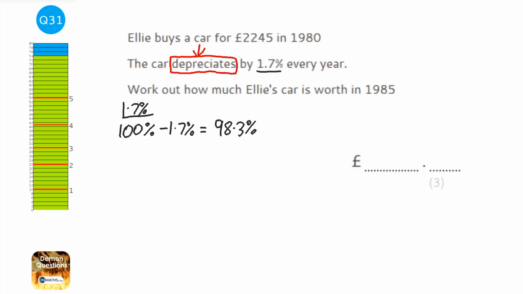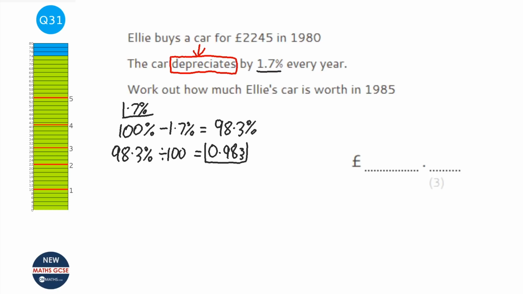Then you want to work it out as a multiplier. So you're going to do 98.3% and you just divide it by 100. And multiplier is a posh way of saying decimal. So 0.983. Now, anytime I times something by 0.983, it will decrease it by 1.7%.